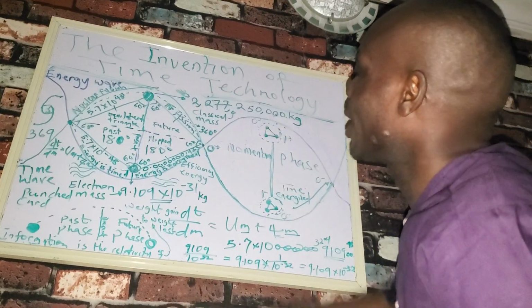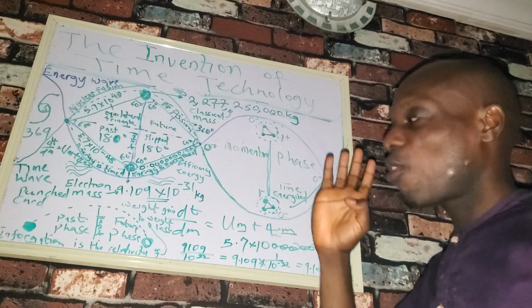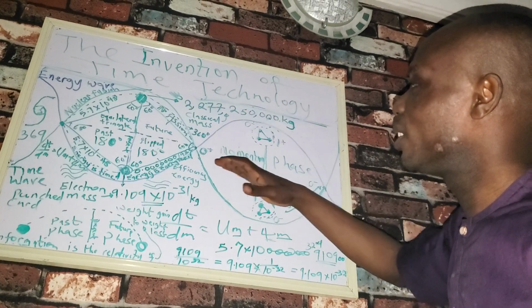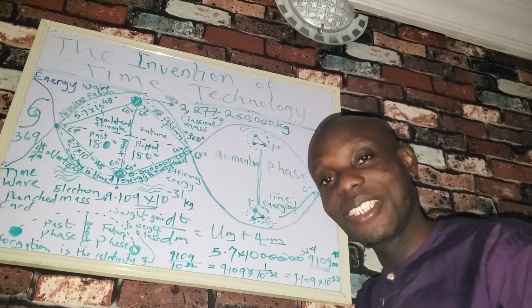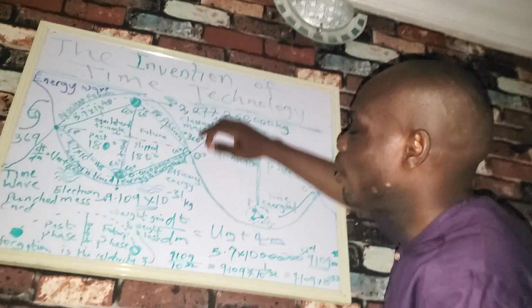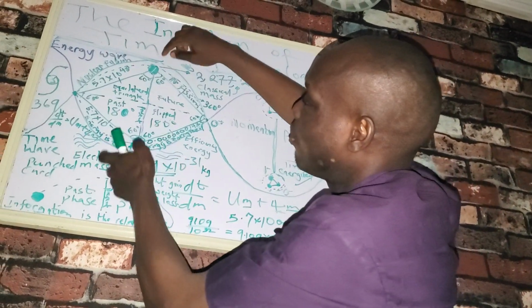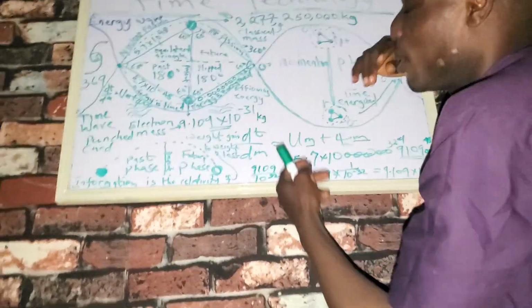Now, time technology is actually going to use 4 sets of numbers. Now, what time technology is trying to do is to model the universe exactly the way it is. Now, when we look at the universe, we see that we have expanding phase and then we have contracting phase.